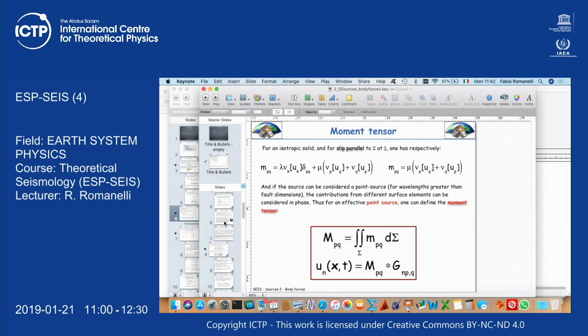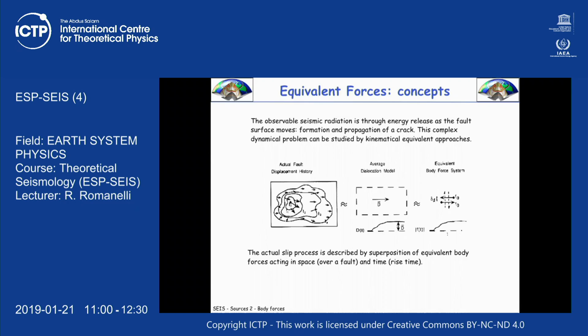So let me go back to the initial slide of this complicated lecture, because this is what we did. That's the summary. You see, at the beginning we have, we can call it, the picture of an actual fault with a slip history of that. Starting, propagating, stopping. And please do remember that here we have time, and also we have a heterogeneous slip vector in direction. But maybe one is going to prevail in one direction.